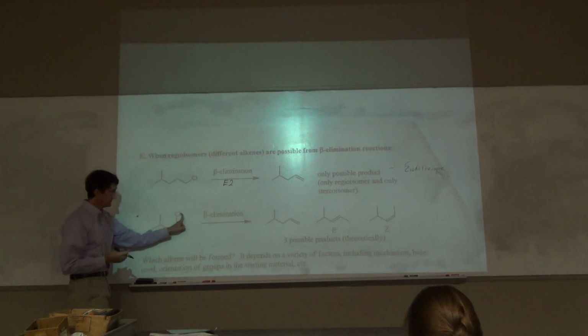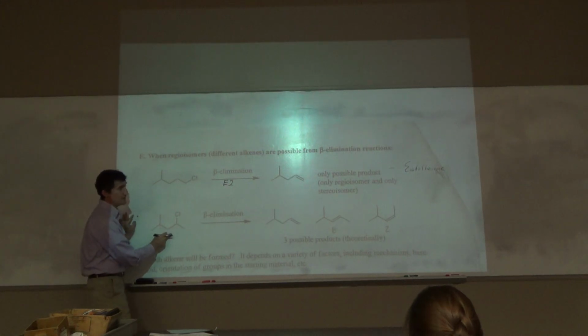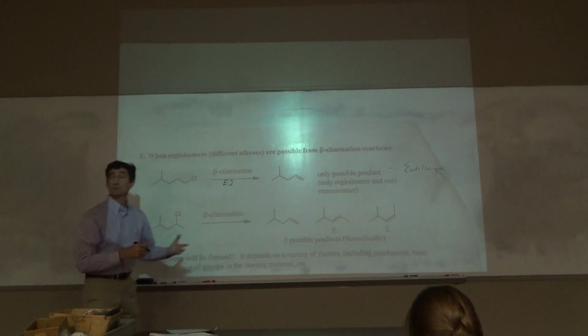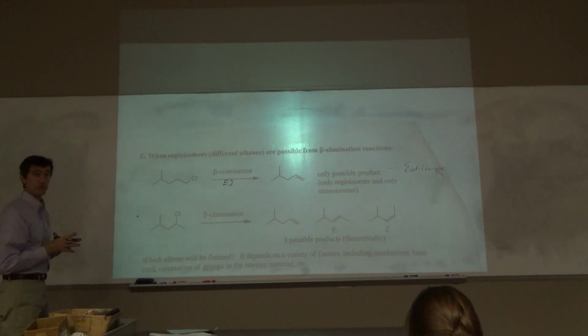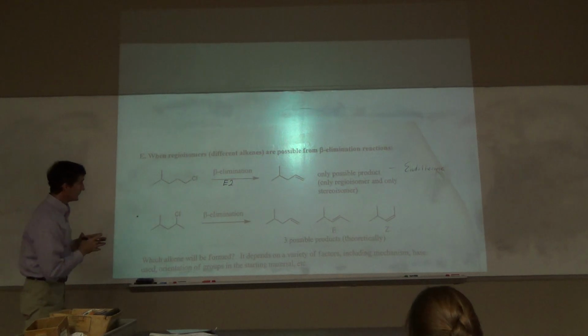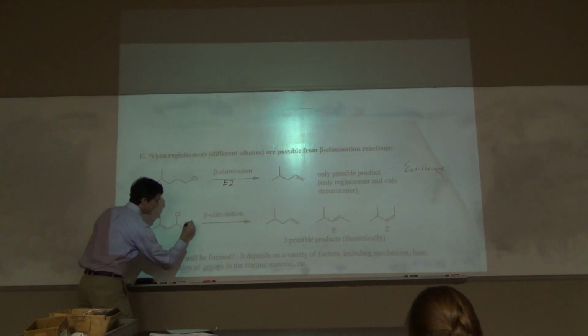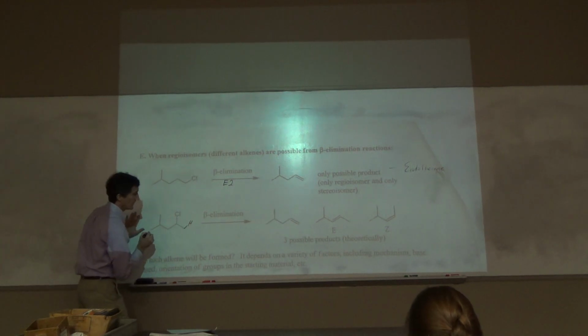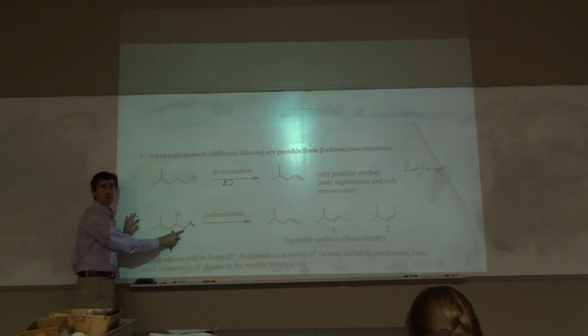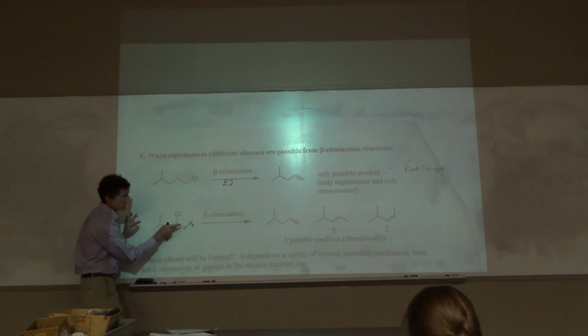But look down here. If you do a beta elimination here, there are actually 3 theoretical products. Why? First off, we can beta eliminate on this side. We can call that maybe HA. Now there are 3 H's here, but I'm only drawing in 1. If we eliminate it over here, we'd put a double bond between carbon 1 and 2.